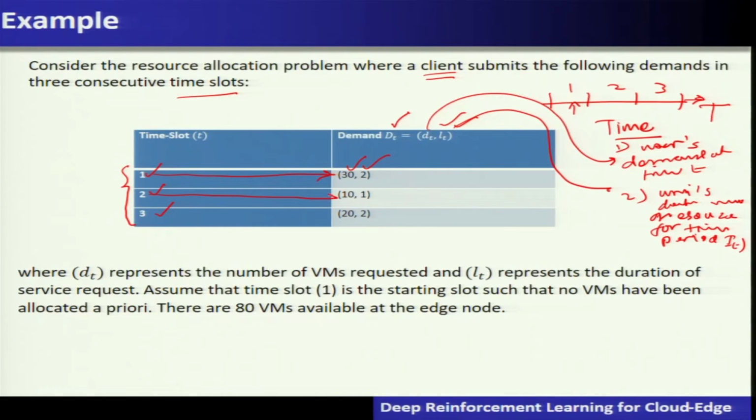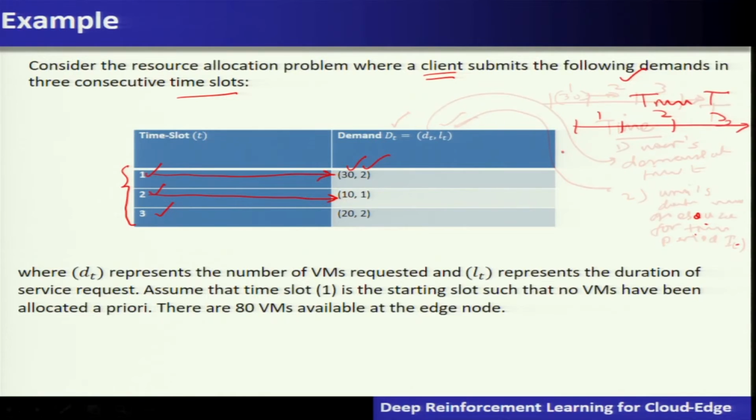Similarly, for time slot 2, here let us write down, it is 30 units which are required for 2 units of time. So, 30 units for 2 times it is needed. So, the first time slot T1 requires 30 units and this will be for 2 time slots.